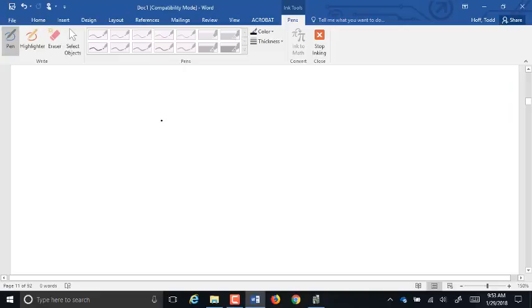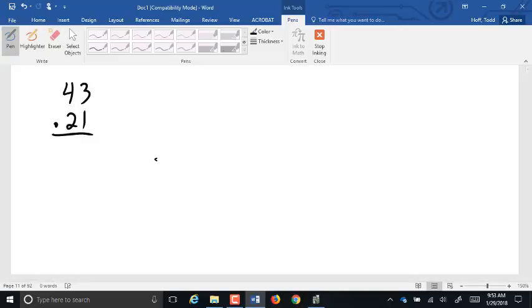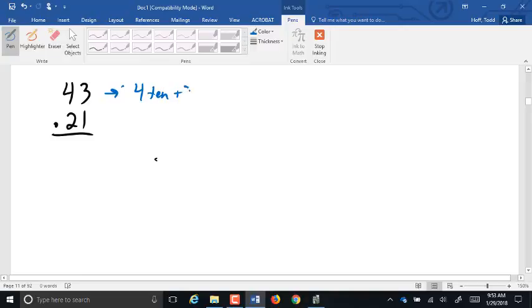The next step, if we have 2-digit numbers, now we did something like 43 times 21 last week, where this was 4 tens plus 3 ones. This is 2 tens plus 1 one.